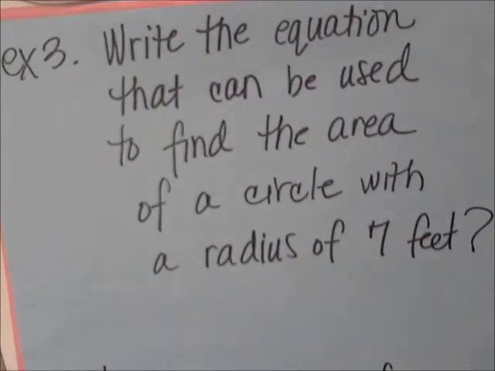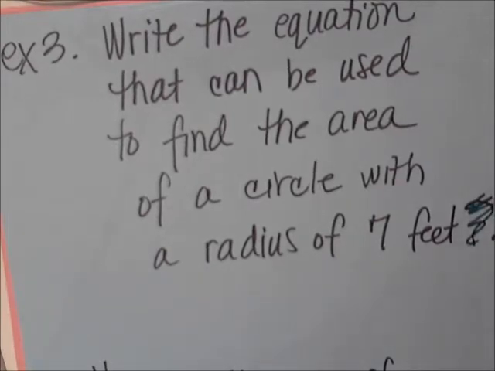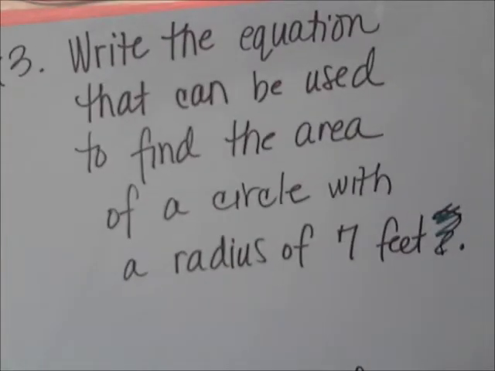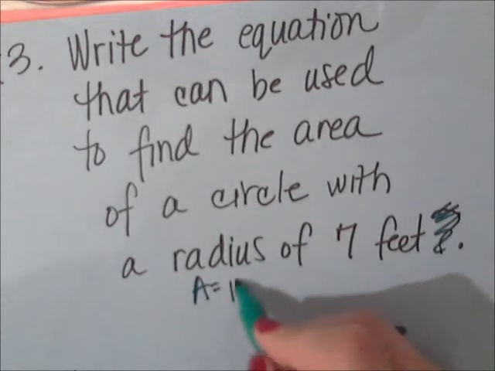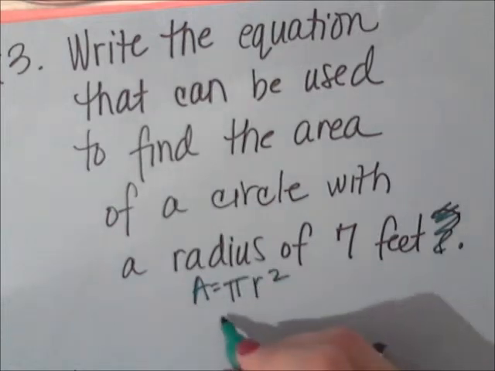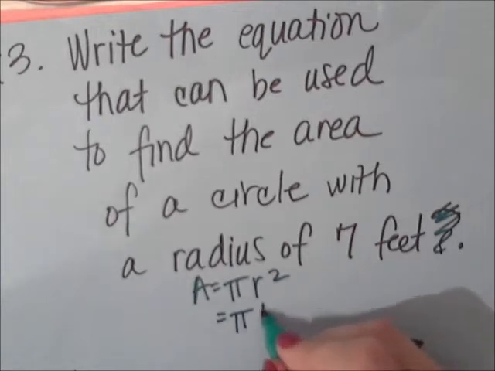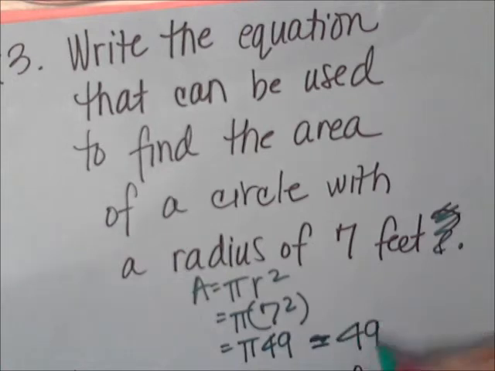Write an equation that can be used to find the area of a circle with a radius of 7 feet. That's not supposed to be a question, that's just telling you to write something. So I'll write the equation: A equals pi r squared. And we would go pi times 7 squared, pi times 49, which would equal 49 pi.